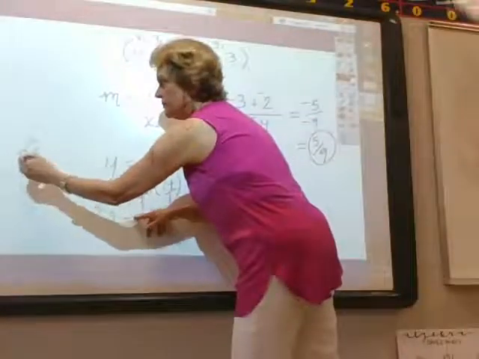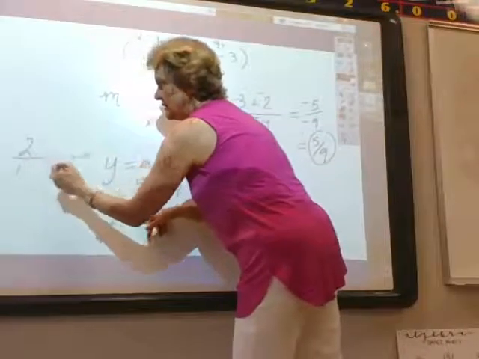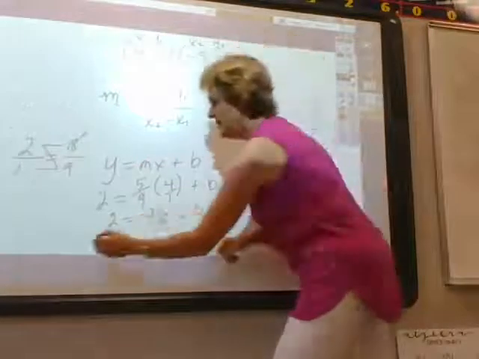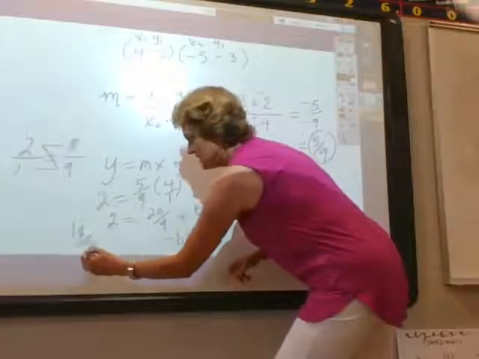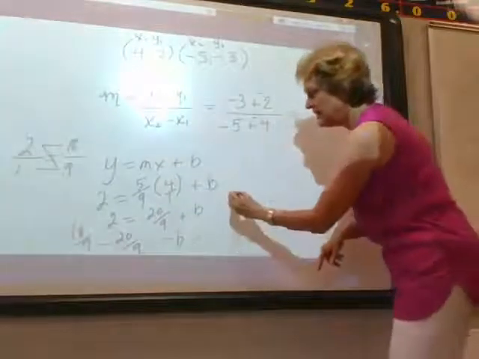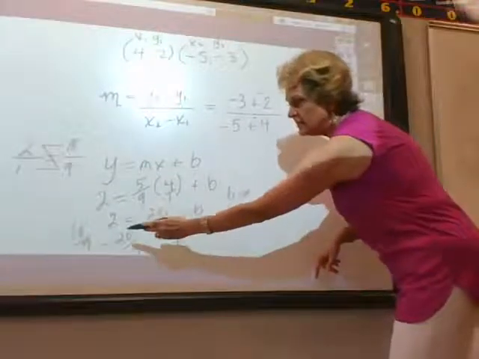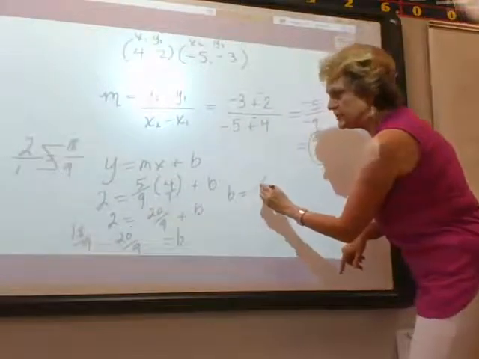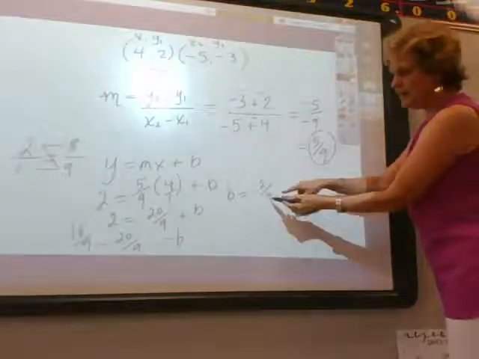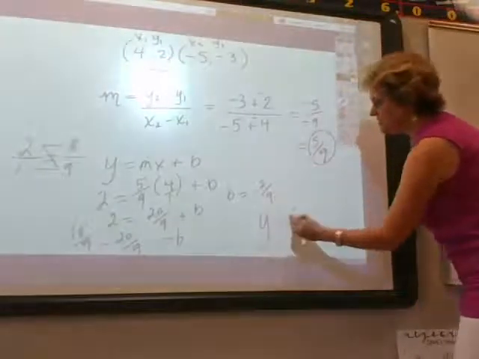So 2 over 1 equals how many ninths? 18/9. I'm taking away the 20/9, and that is my b. So under these circumstances, this would be negative 2/9. So now I found the slope, I found the b, so I can write my equation.